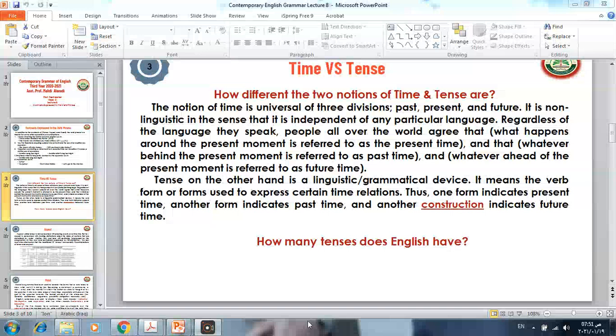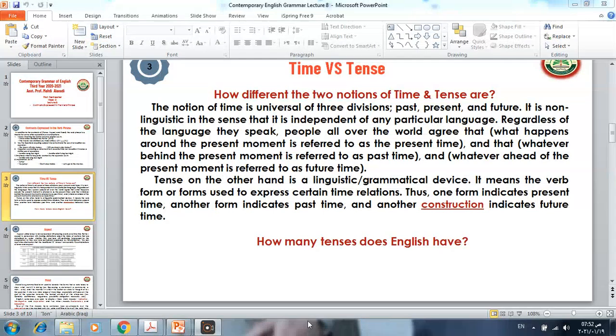So time is not related to any particular language. Regardless of the language they speak, people all over the world agree that what happens around the present moment is referred to as the present time, and that whatever is behind the present moment is referred to as past time, and whatever is ahead of the present moment is referred to as future time.